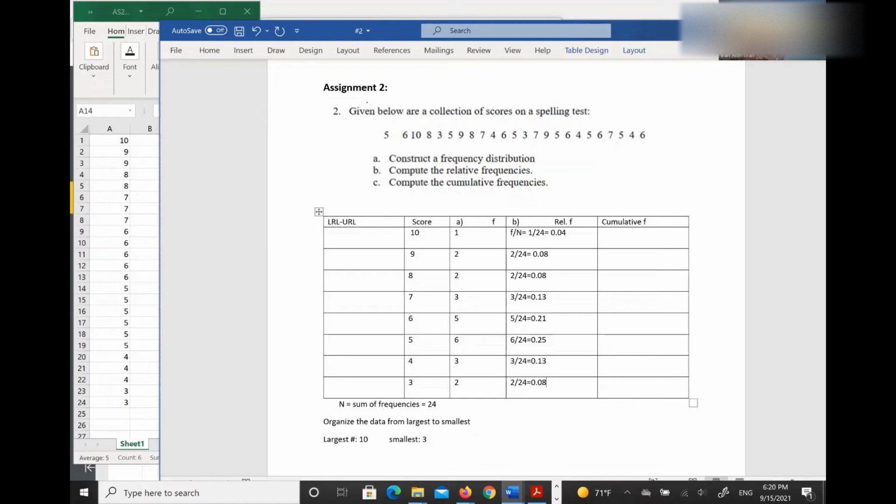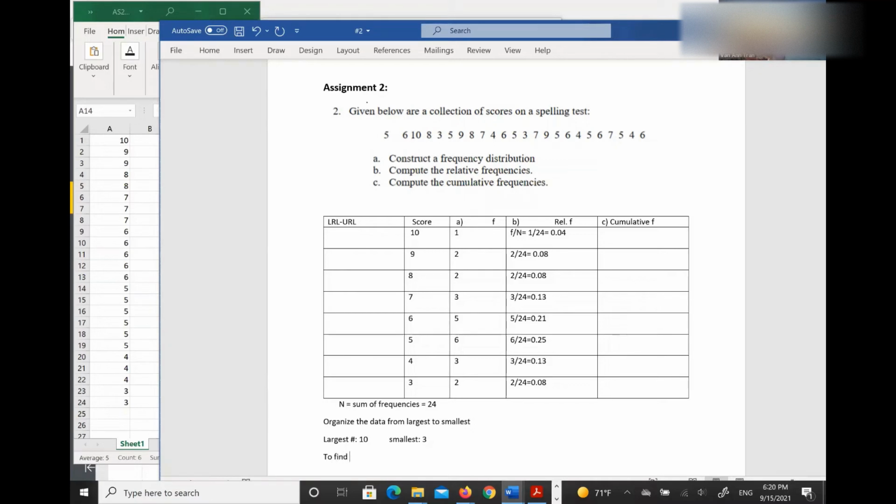All right, so now let's move on to part C, cumulative frequency. Okay, so C, cumulative frequency, you want to start from, all right, so here, let me write this down.